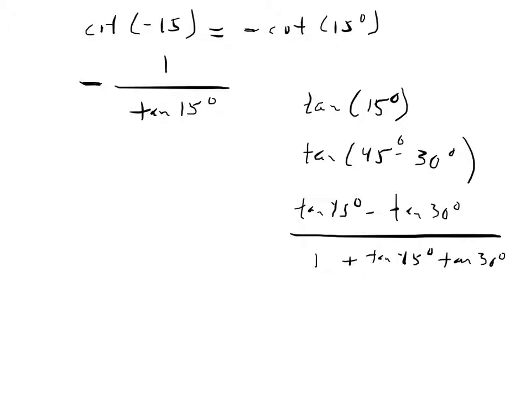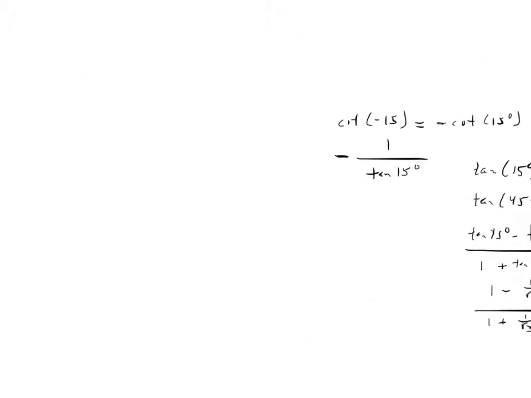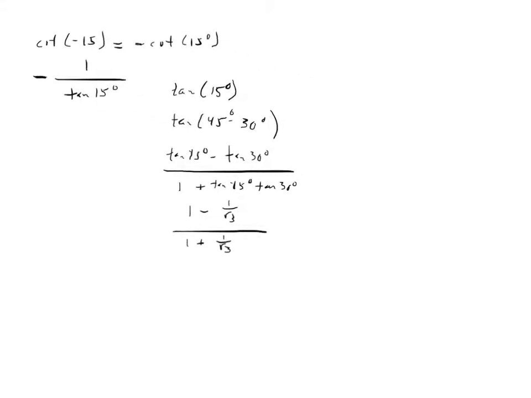Let's see, the tangent of 45 is 1, the tangent of 30 is 1 over root 3, and that's going to be 1 plus the tangent of 45, which is 1, times the tangent of 30, which is 1 over root 3. I look at that fraction for a minute and say, let me simplify it.